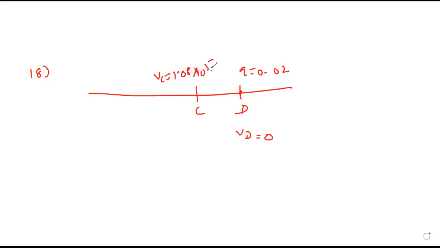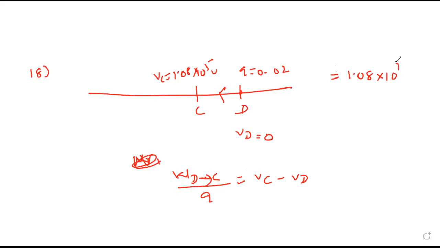Yeah. So when you are moving from D to C, then work done to move the charge from D to C is potential between C and D. Therefore, it will be VC, 1.08 into 10 raised to 5 minus 0, into charge Q, 0.02 microcoulomb.